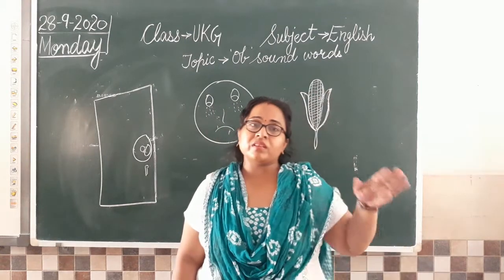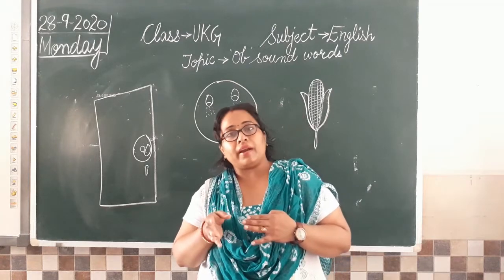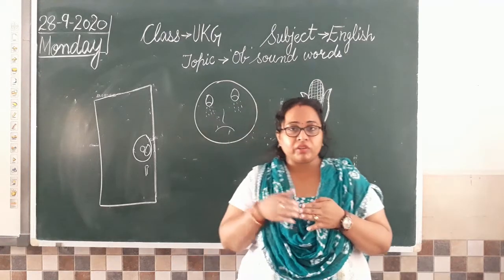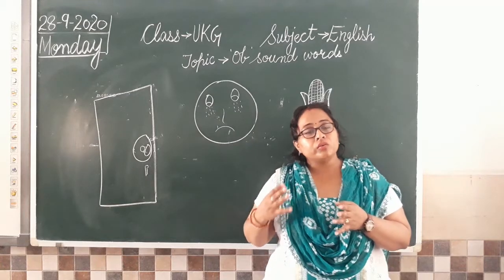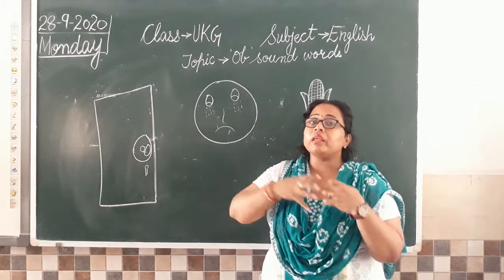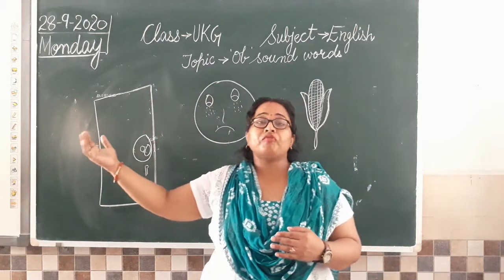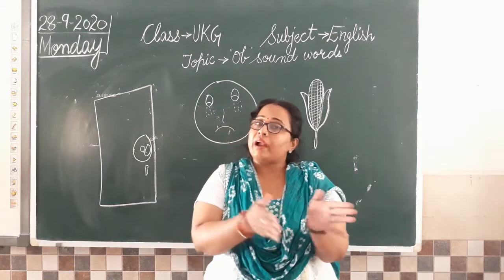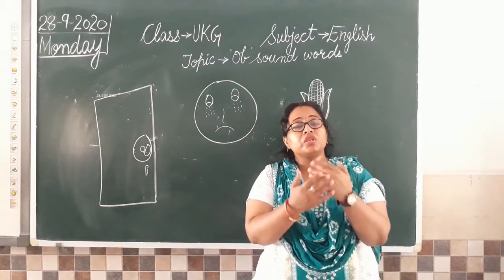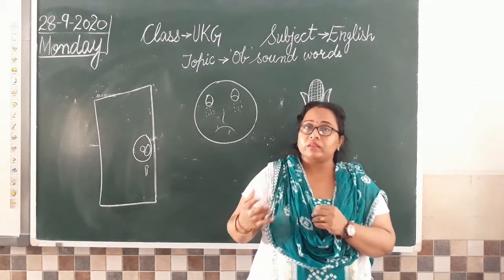So class, in the previous week we have done use of this and use of that. हम लोगों ने this and that finish किया अपना. So where we use this is used with the objects that are near to us, and that the one which is far. जो far off objects हैं, जो हमसे दूर हैं, we are using that for them, and the things which are near to us, जो हमारे पास है, we use this.